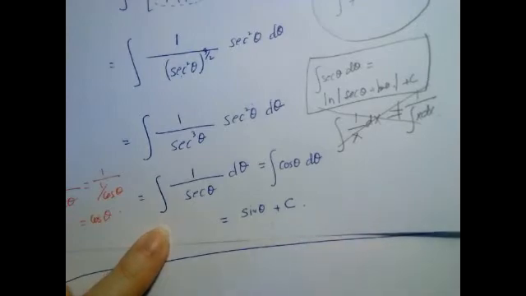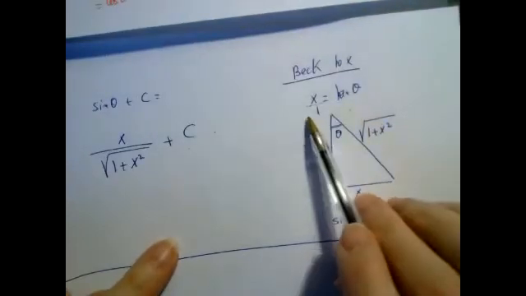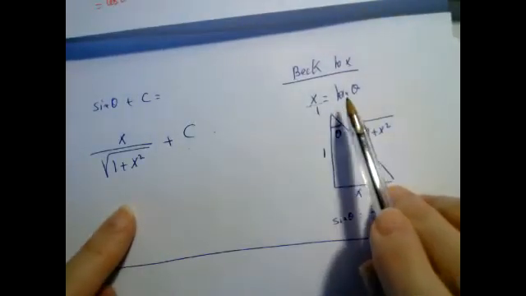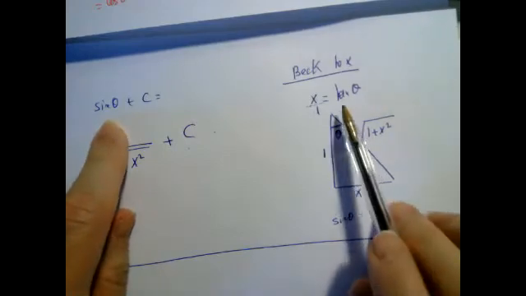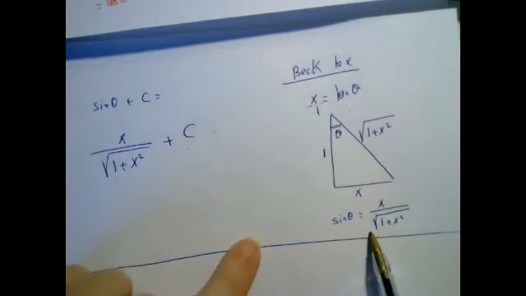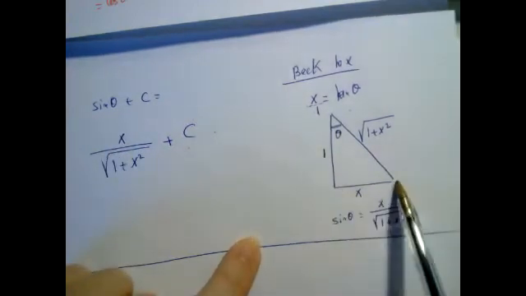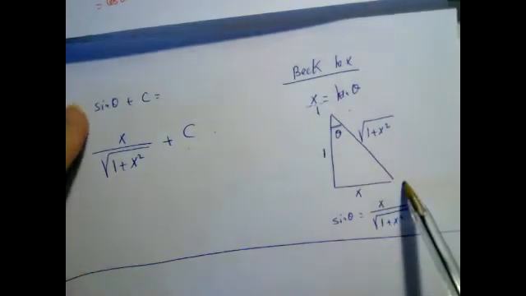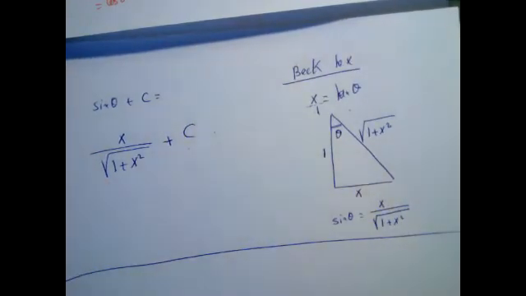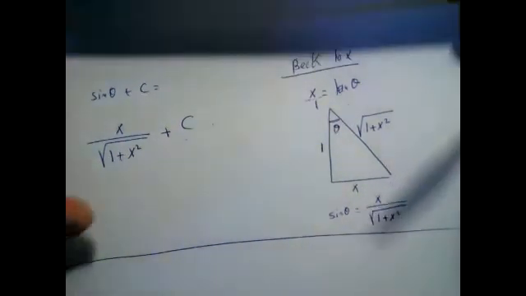So what was the original relationship between x and theta? x was the tangent of theta. So I need the sine of theta. I know the tangent, I need the sine. So I draw my triangle, and I find the sine theta, which is opposite over hypotenuse. And that will give me the final answer. Oh, okay. Thank you.